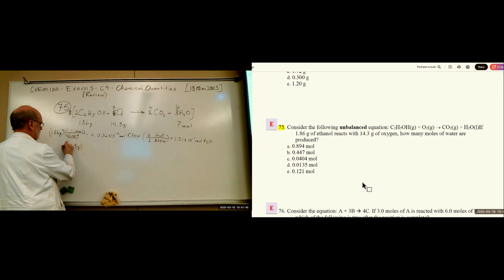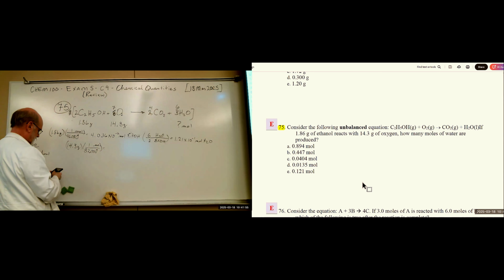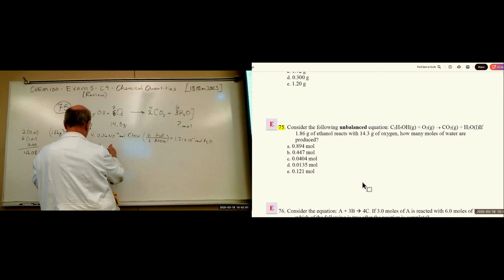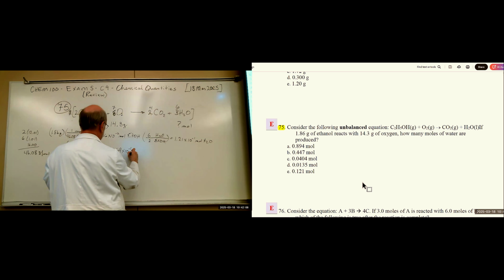14.3 grams converted to moles. Oxygen is going to be 32 grams, 2 times 16. That gives 4.469 times 10 to the minus 1 moles of oxygen.